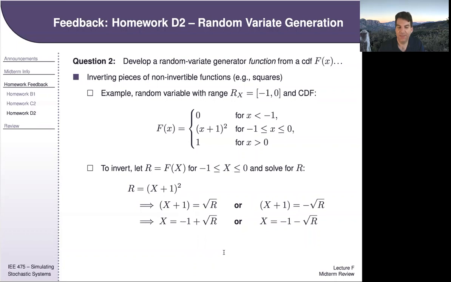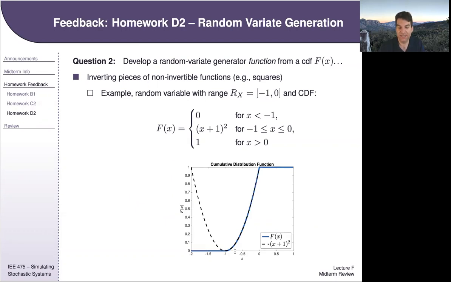So I go through the math, and I end up getting stuck at this point where I say, okay, for my inverse, my random variate generator, my inverse CDF, it's either going to be -1 plus square root of R, or -1 minus square root of R. Which one do I want? Well, -1 should be the bottom end of my range, so I should be adding the -1.